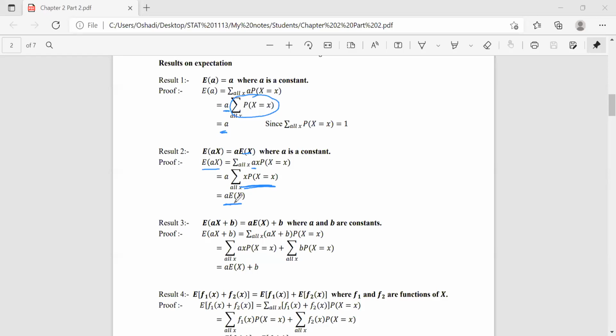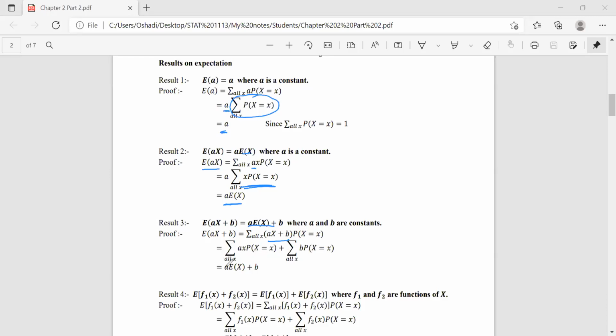And result 3, here A and B are constants. So if A and B are constants, the expected value of Ax plus B can be written as this. We can prove it as well. Summation of all x, we put Ax plus B here and P(x). Since there is a plus sign, we can break it into two parts as AxP(x) and BP(x).